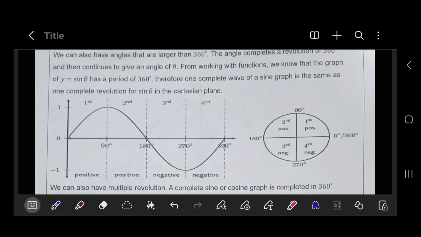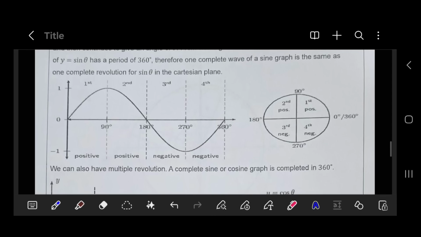But what they are saying is that in maths, it is possible for us to have angles bigger than 360. And what happens if this graph were to continue beyond 360 degrees? That would mean that the wave would just continue. It would now create a new wave. So it would continue in that manner. This would be the next 360 degrees. That is all that they are saying.